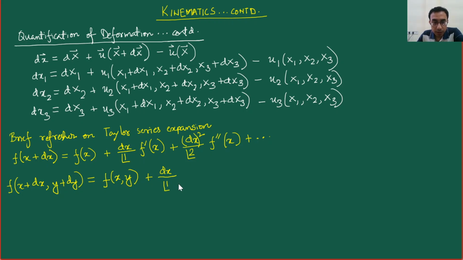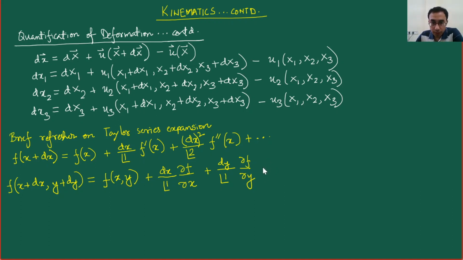But now, instead of f dash of x, we have to remember that because f is a function of both x and y, the derivative of f with respect to x has to be taken in the form of a partial derivative. So this is del f del x, but the dependence on y also has to be accounted for, and that is done by writing it exactly like the dx part. So this is dy by factorial 1 times del f del y. So this is the first order term.